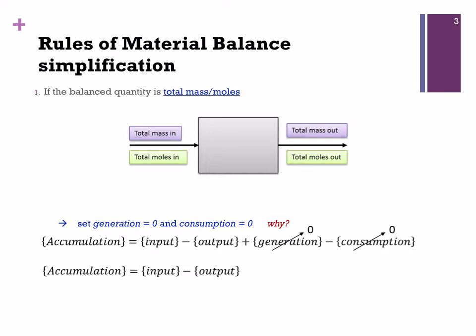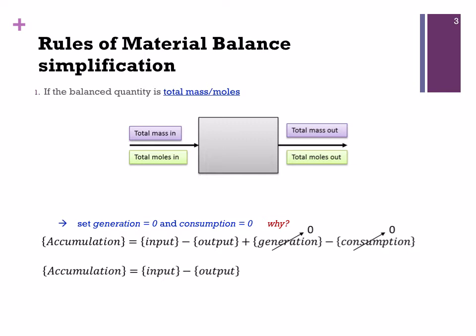To use this equation for examples or calculation, we can also simplify the general material balance according to some information given in the question. The first rule is whether we are doing the balance for total mass or total mole, because we can use either mass balance or mole balance depending on the process and also the information given.